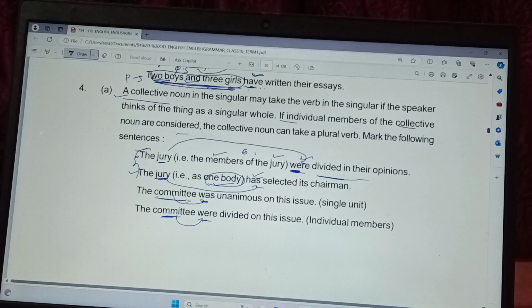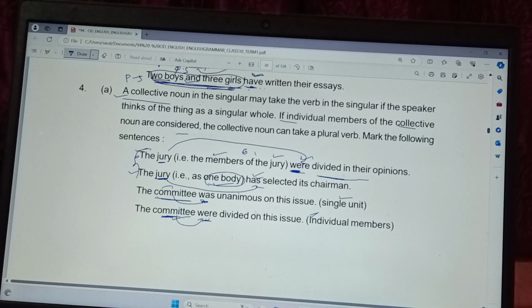The committee was unanimous on this issue means all the members are referred to as a single unit, so we put was, a singular verb. But in the committee were divided on the issue, all the members of the committee have individual remarks. So we put a plural verb.